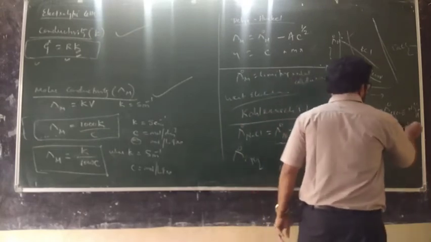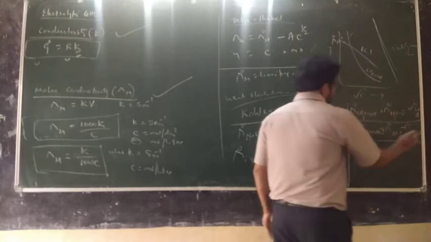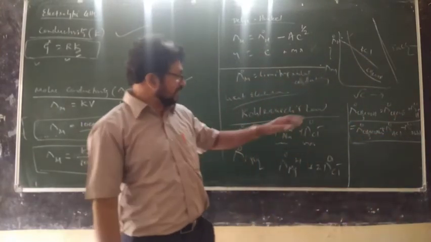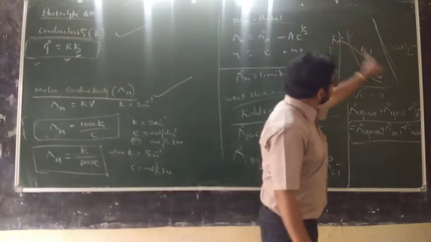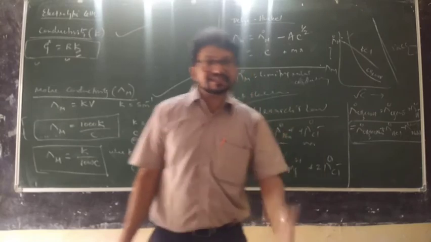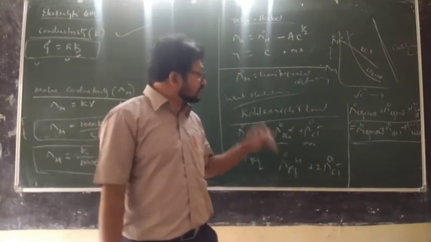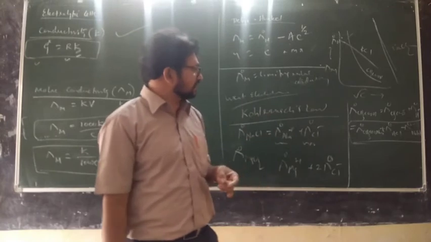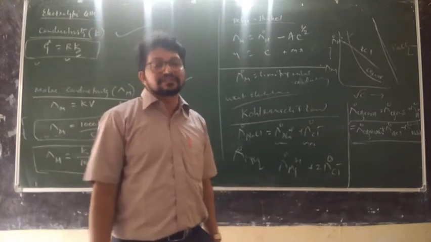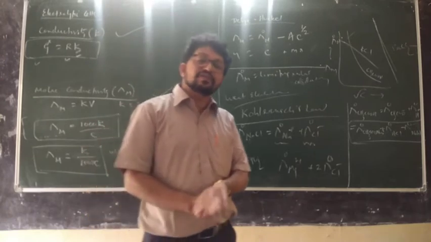Minus lambda naught of NaCl. So all are strong electrolytes, so you can calculate even by the graph, because they are giving straight lines. So acetic acid or any other weak electrolyte can be expressed in terms of strong electrolytes, and limiting molar conductivity can be calculated. And this is the importance of Kohlrausch's law.